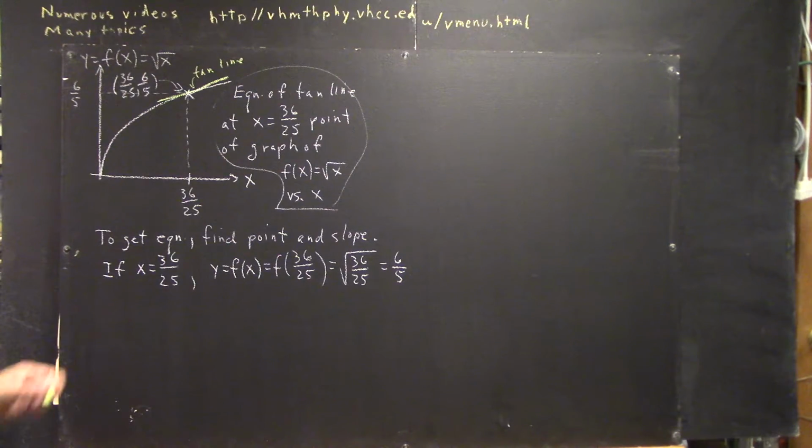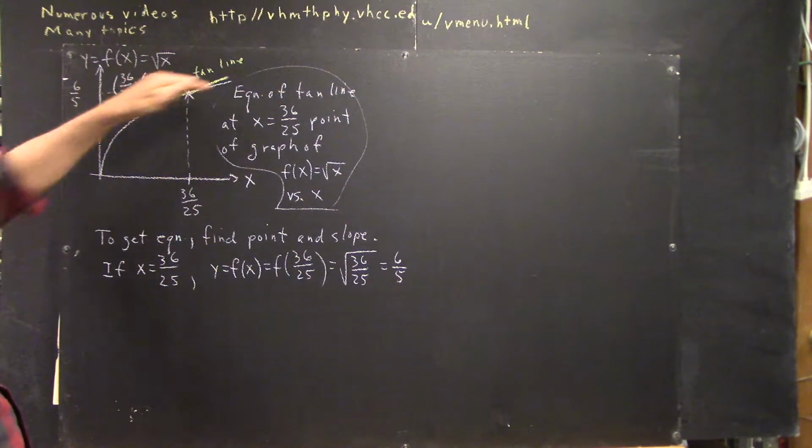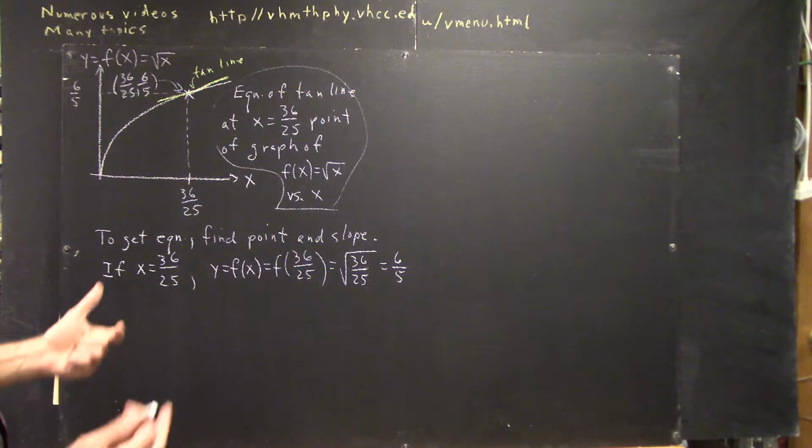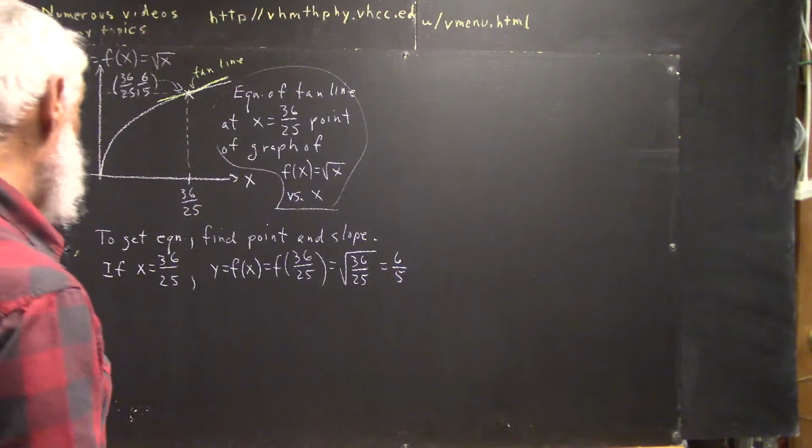Now, we've got the point. Now we can get a straight line. The tangent line is a straight line. All we're doing is finding a straight line with some slope. How do we get the slope?